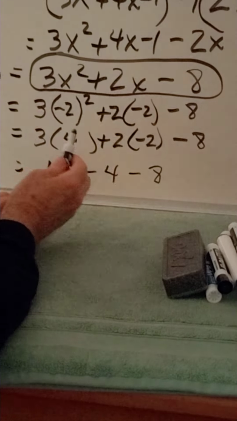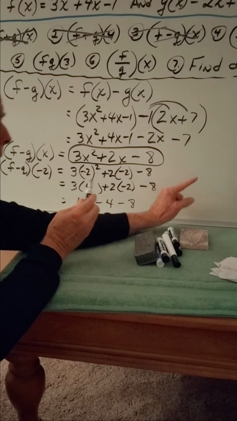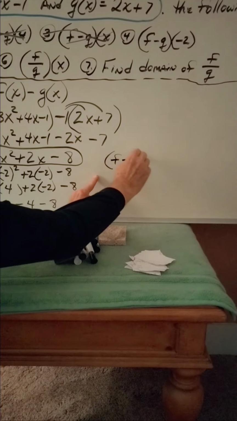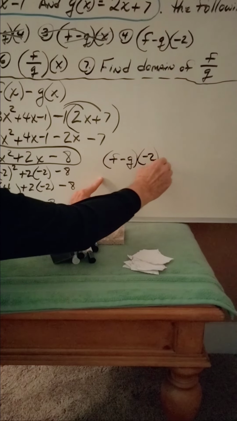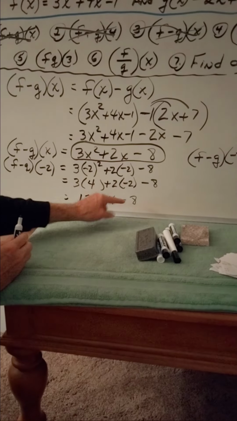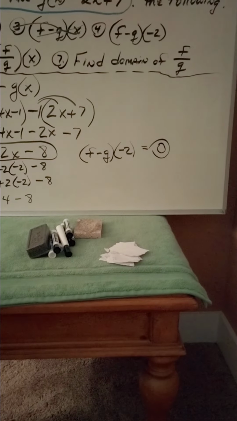And I'll put that culminating statement right over here because we're ready for it now. The value of f minus g when the domain is -2 is equal to 12 minus 4 is 8, and 8 minus 8 is 0, and there's the answer to number 4.